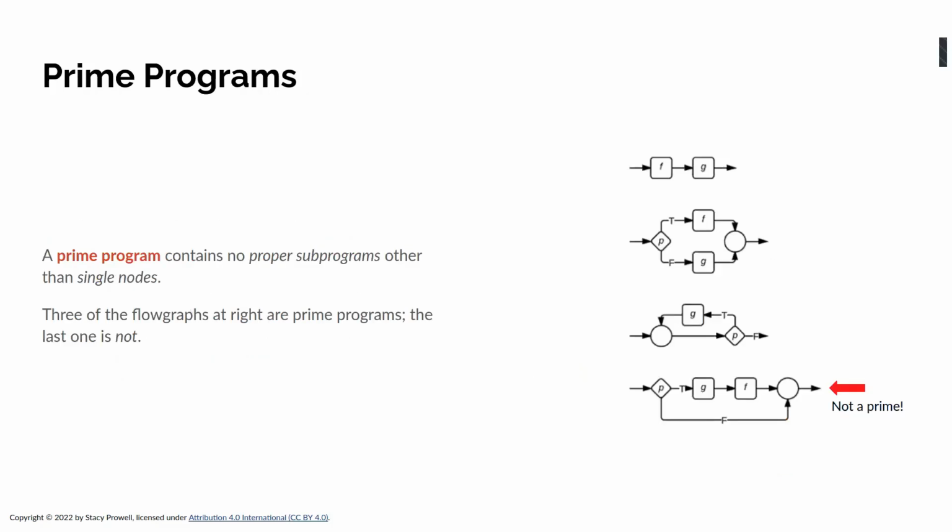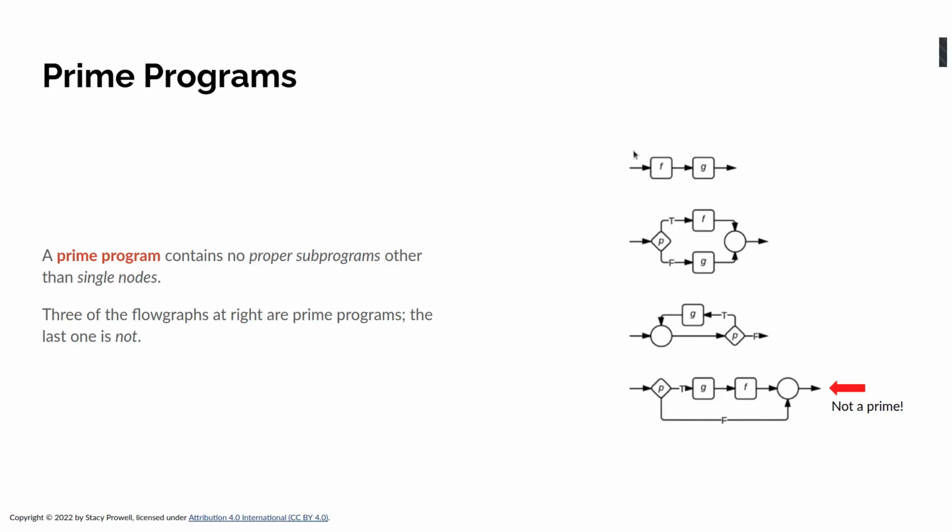Well, one more notion to throw at you, a prime program. Suppose I have a proper program that contains no other proper subprograms other than itself and single nodes. That's like saying I have an integer that's only divisible by itself and 1.